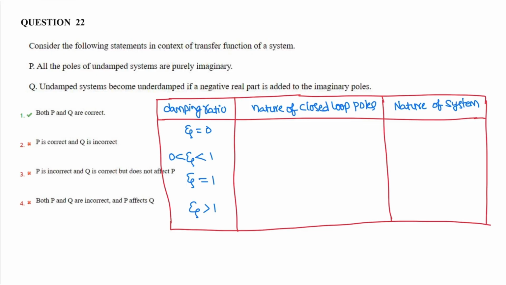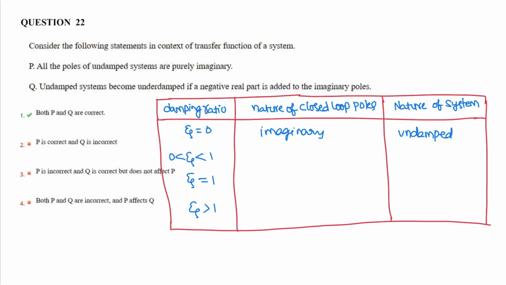Next question. Consider the following statement in the context of a system. For damping ratio zeta equal to 0, the nature of poles is imaginary, and the nature of the system is undamped.